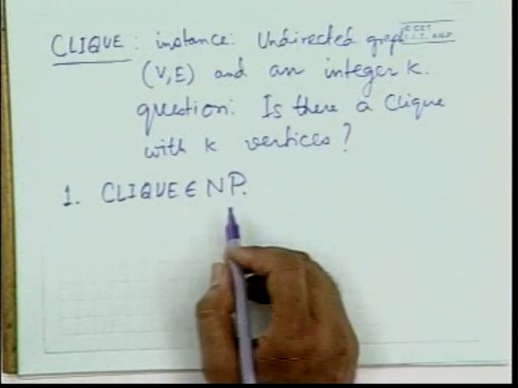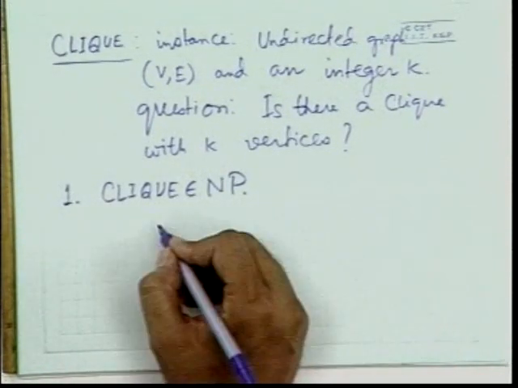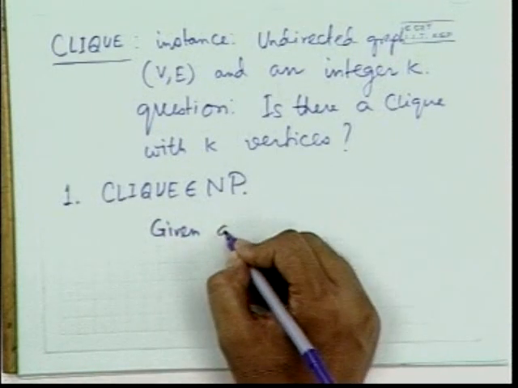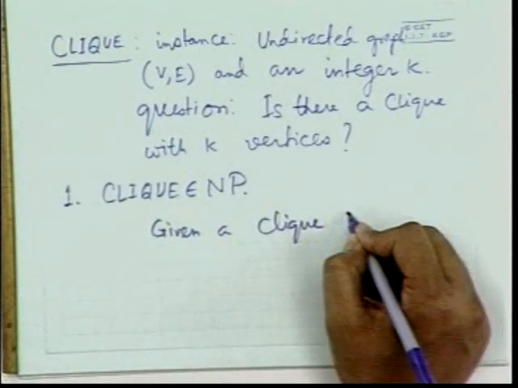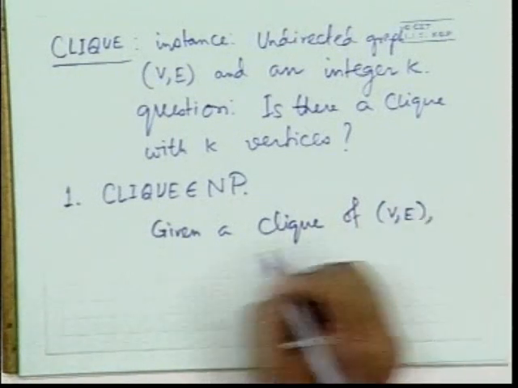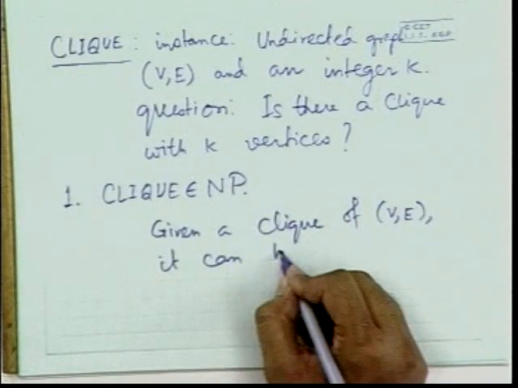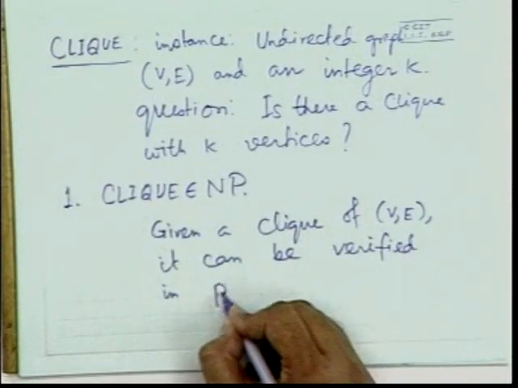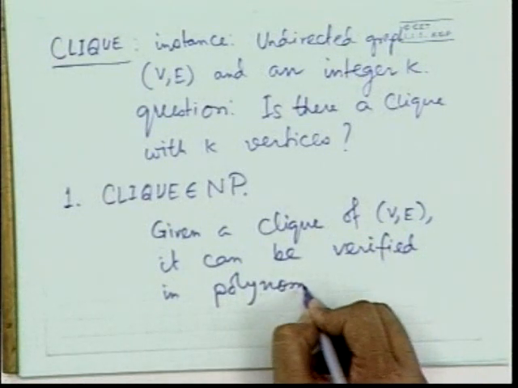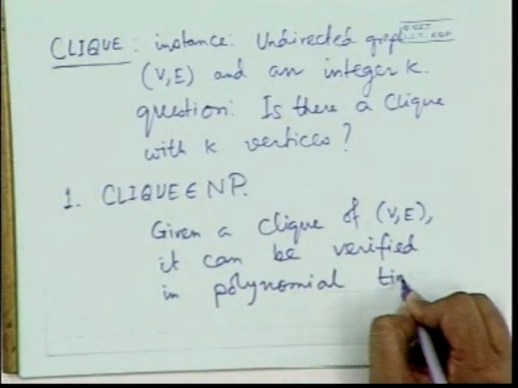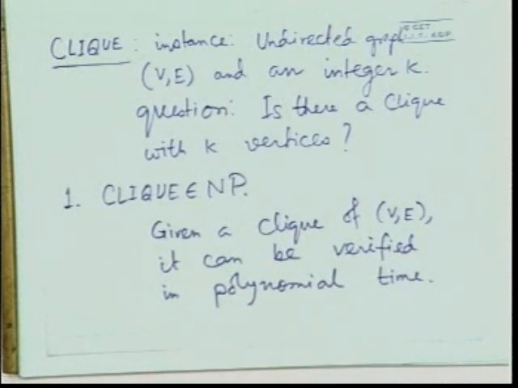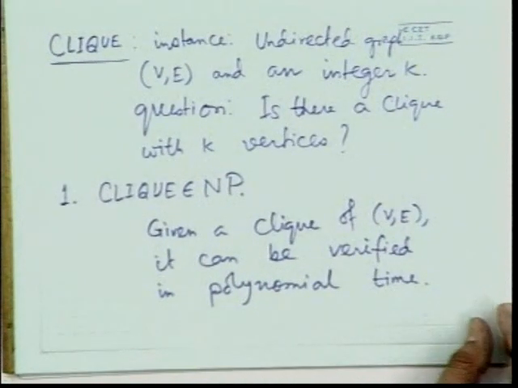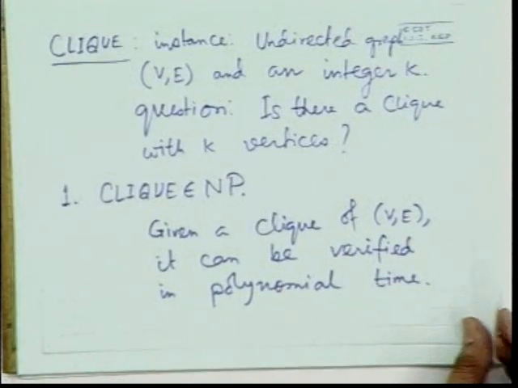So that's the first step you have shown, and you have to write all this: given a clique of (V, E), it can be verified in polynomial time, so this is in NP. This is the first step. Most of the time this will be the easiest of all the steps in showing something to be NP complete.